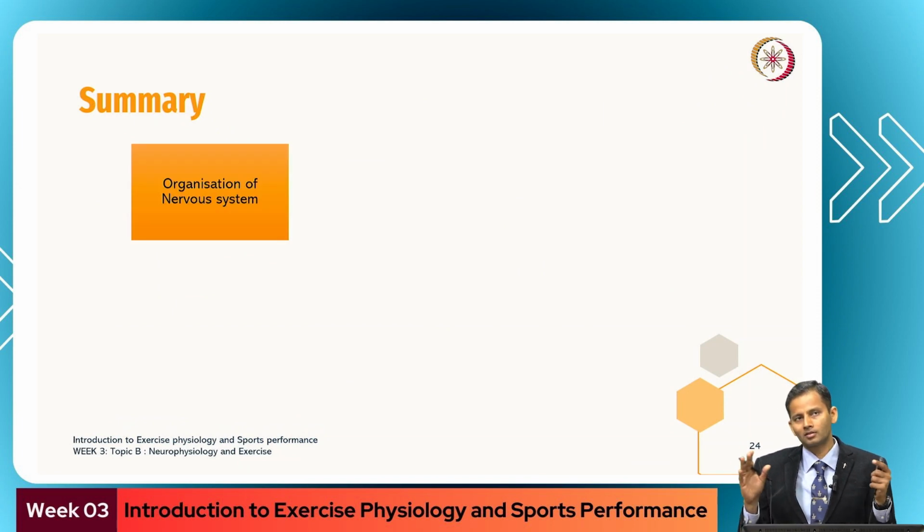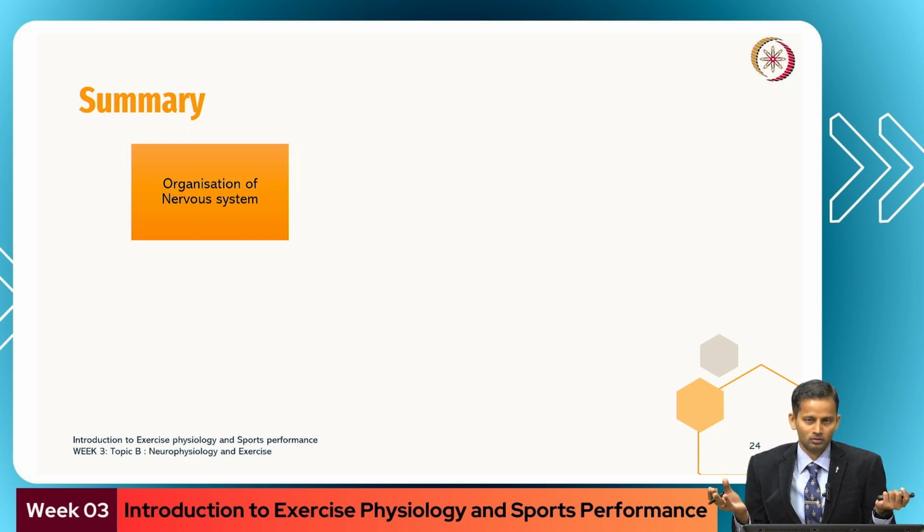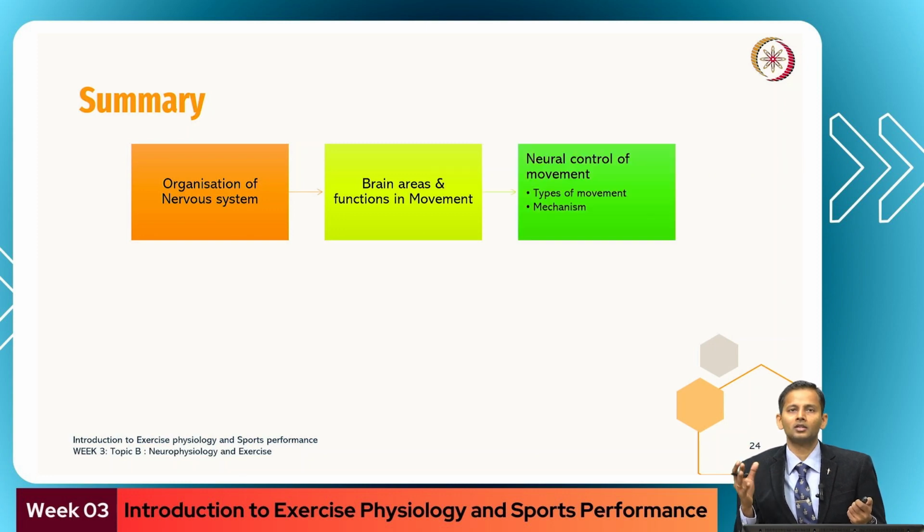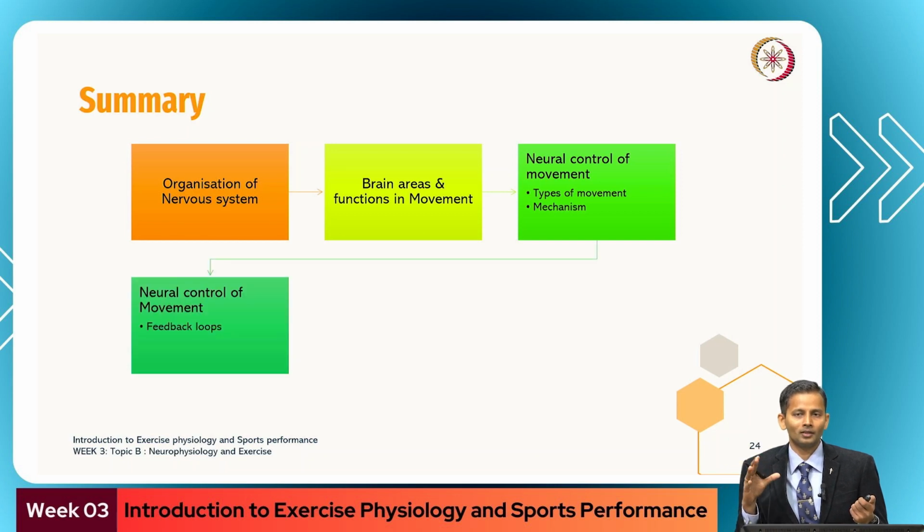To summarize this part 1 of neurophysiology and exercise, we discussed the organization of the nervous system into central and peripheral, and further how they were classified for ease of understanding, various regions of the brain and their function, how they control the movement, and what the types of movement and the mechanism thereon are, and the kind of feedback loops that we have in the control of movement, mainly the local feedback as well as the central feedback, and in complex movements, special sensory feedback as well.